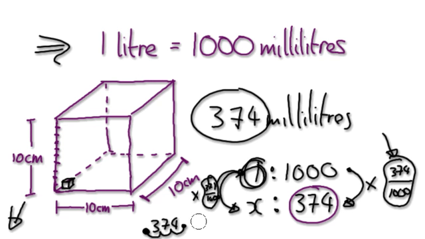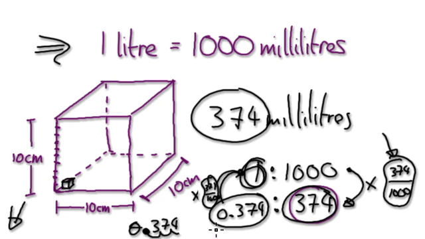So the decimal place will be here, and you have 0 in front. So x is 0.374 liters. So 374 milliliters equals 0.374 liters.